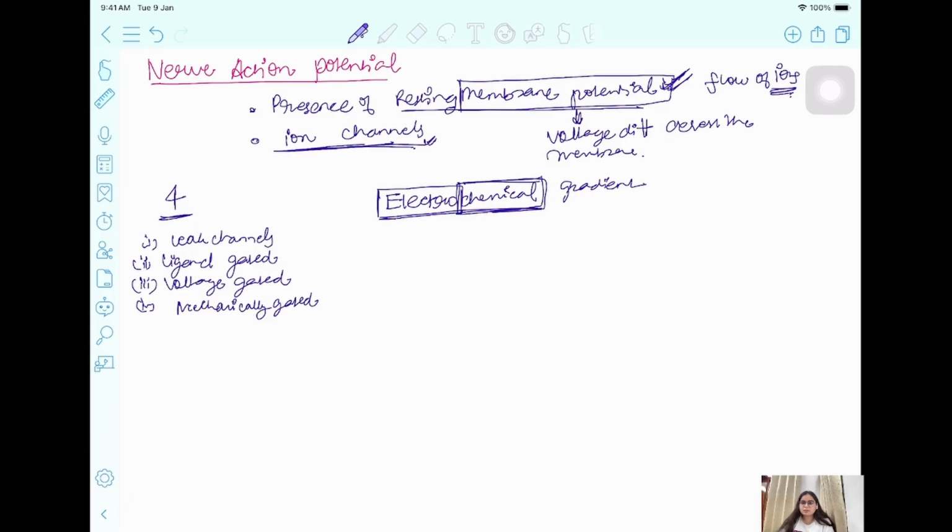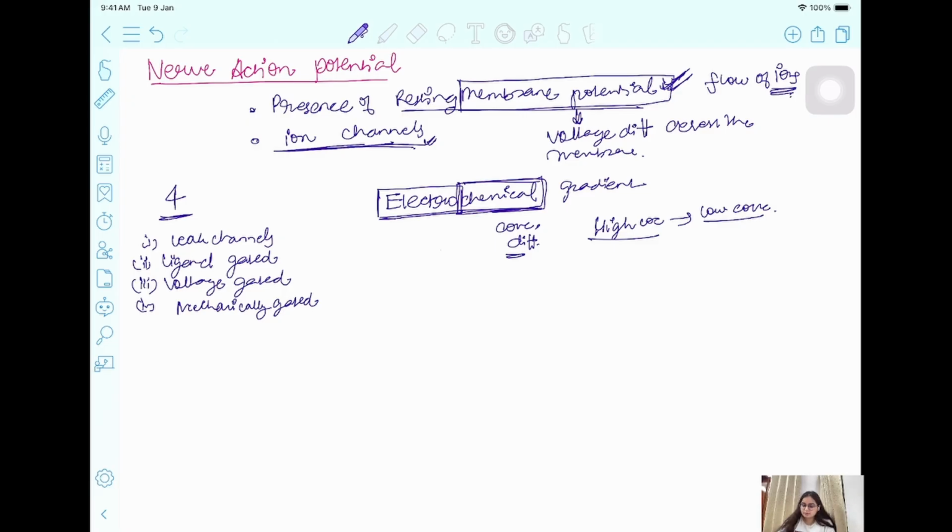Chemical gradient is across the concentration difference, which means the flow of ions from high concentration to low concentration.